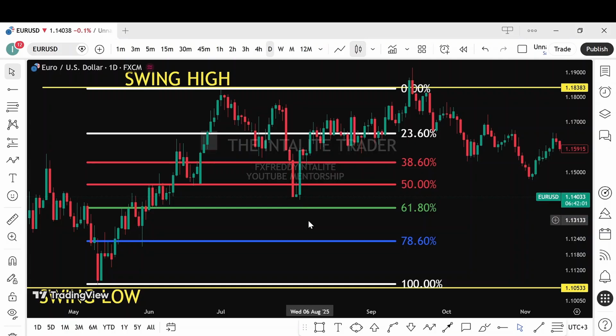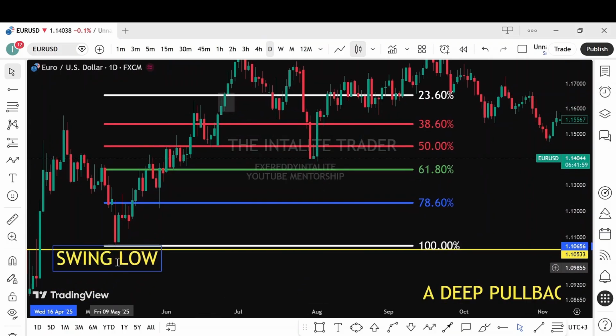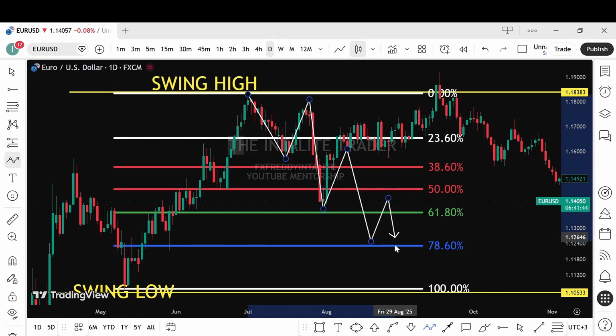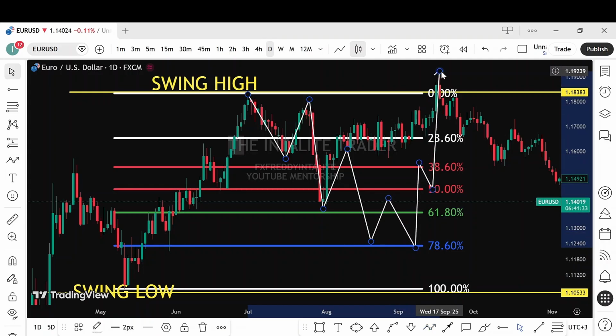But because we said, as long as we are between this swing low and this swing high, we are bullish. The market can give you lower low, lower high, lower low, lower low. But as long as it doesn't break below and you don't see a candle close below here, we are still bullish. Price can still turn and continue with the trend.